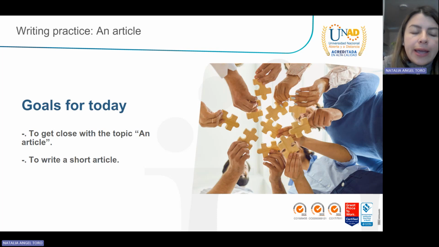First of all, to get close with the topic, to know how to write it or get some tips, and to write a short article also. As I already said, it's important to be participative in this class, but I know, your lady, you are always participative, active students. But also if you have any information to add or any previous knowledge about the topic, it is welcome.